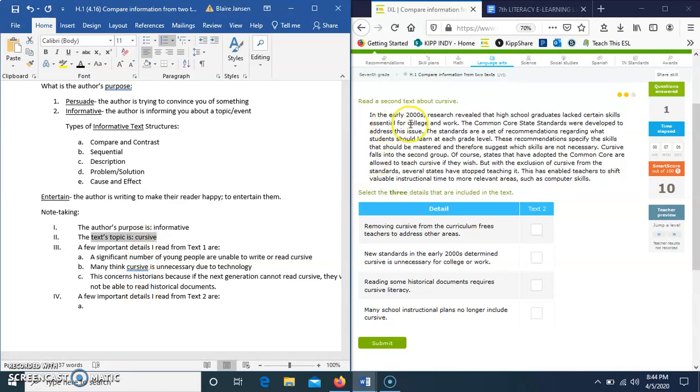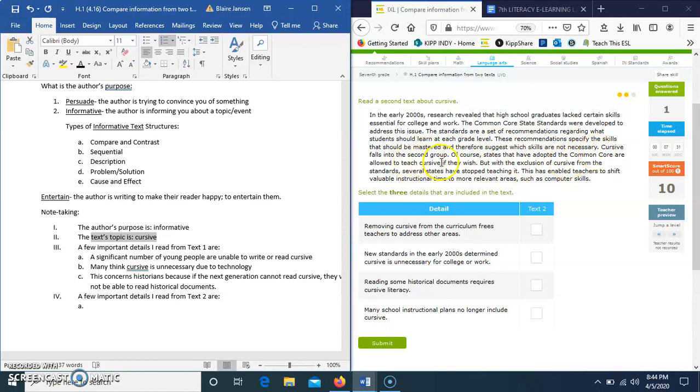In the early 2000s, research revealed that high school graduates lacked certain skills essential for college and work. The Common Core state standards were developed to address this issue. The standards are a set of recommendations regarding what students should learn at each grade level. These recommendations specify the skills that should be mastered and therefore suggest which skills are not necessary.